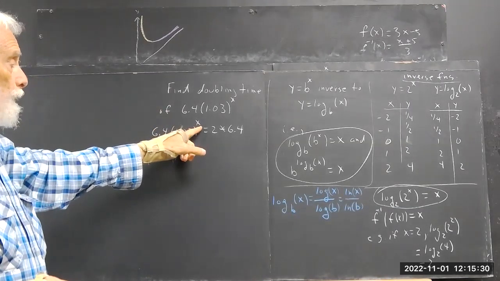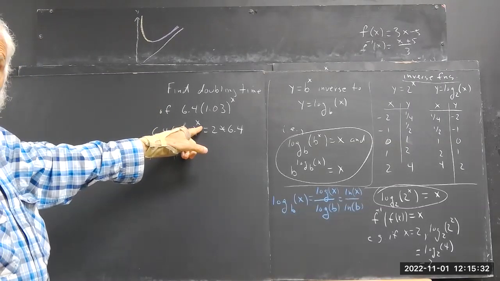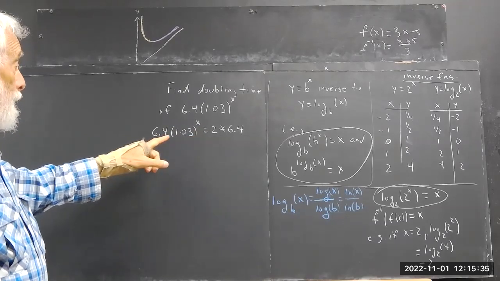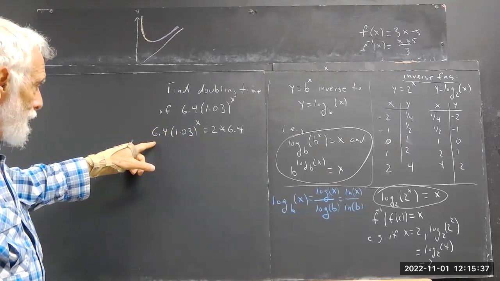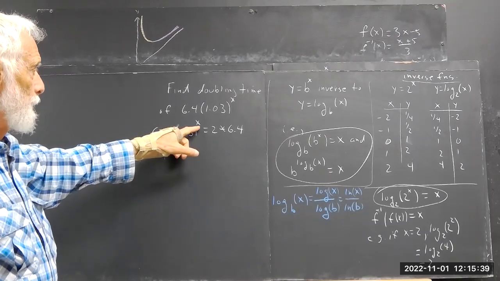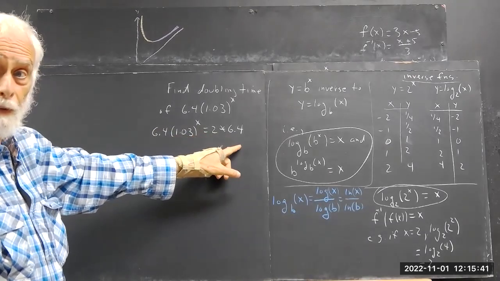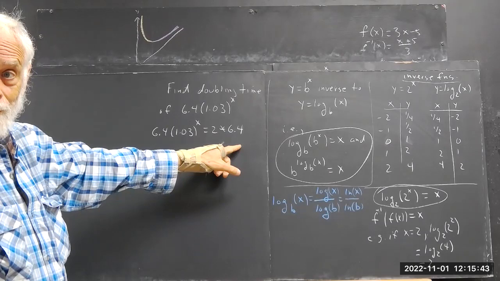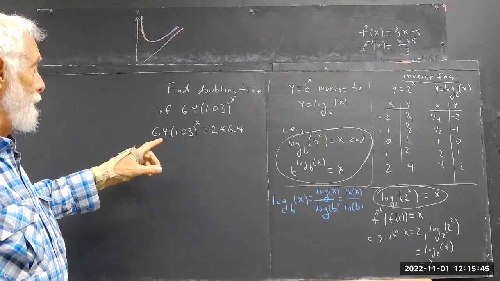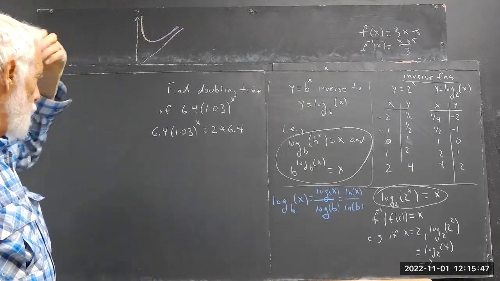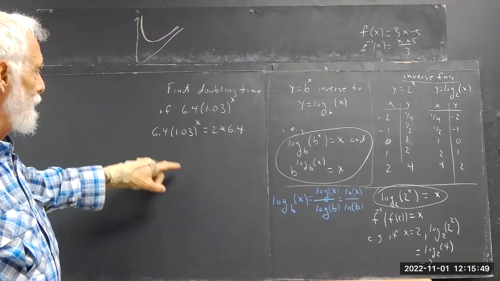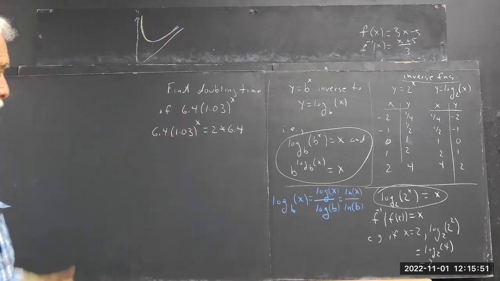I want to know the value of x for which 6.4 times 1.03 to the x becomes twice as great. So we're going to find the x that makes this double.